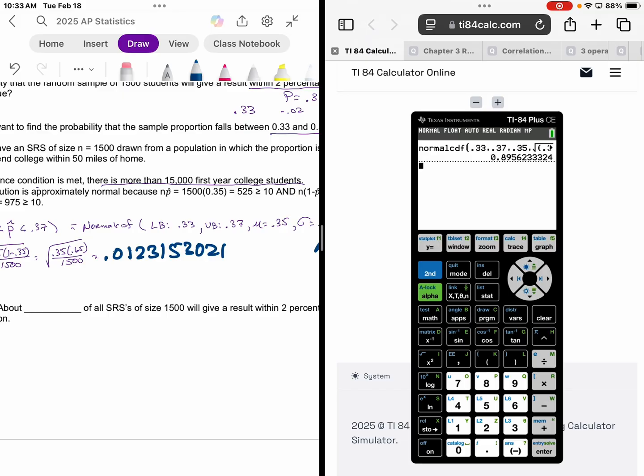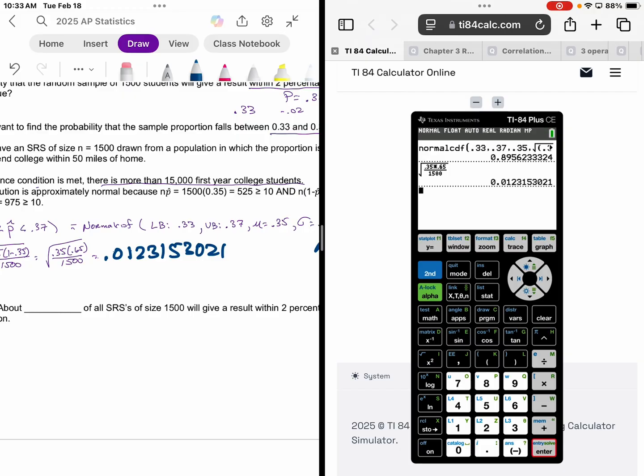I decided to bypass that stage instead of having to type all those numbers in. I went through and did it separately. Now you can use your variables if you want to, or use the answer. Like if you wanted to take the time and type in your calculator second x squared, then a fraction, 0.35 times 0.65 divided by 1,500, and hit enter.